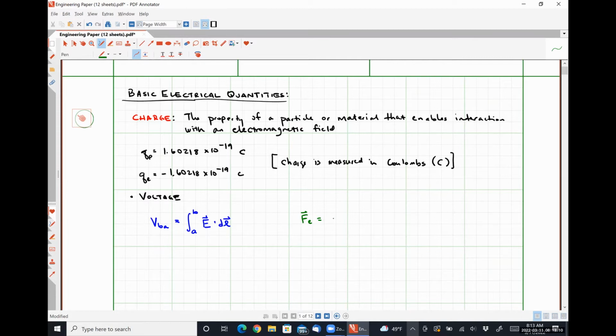And this electrostatic force is simply given by Q charge multiplied by an electric field vector E. So what I'm going to do is substitute this relationship into my voltage equation.